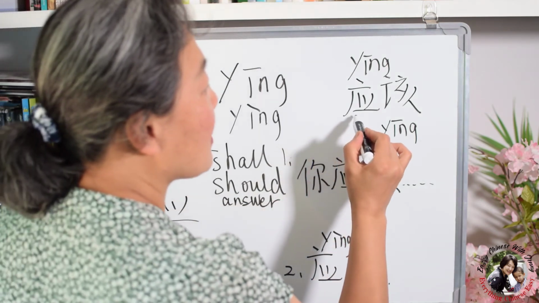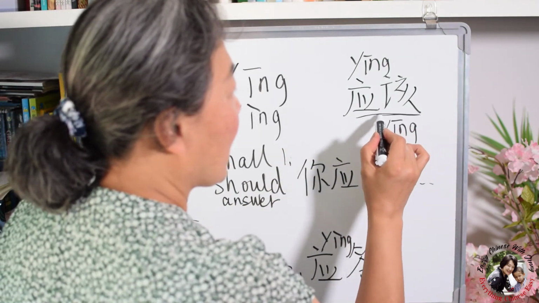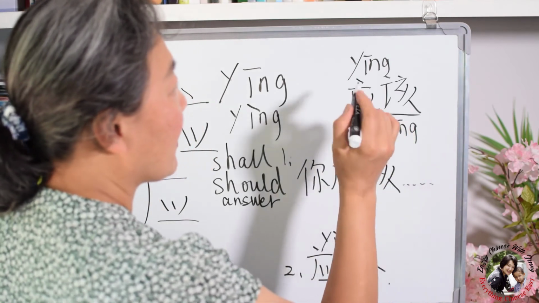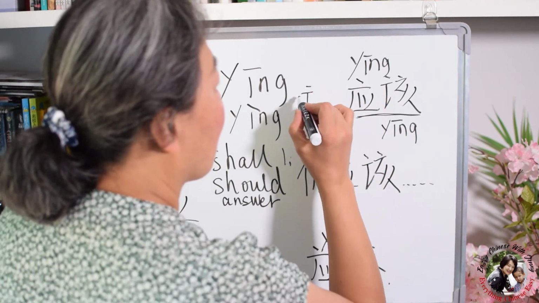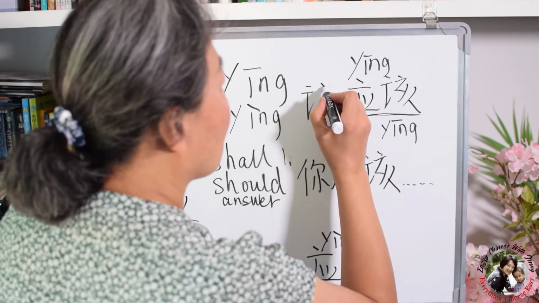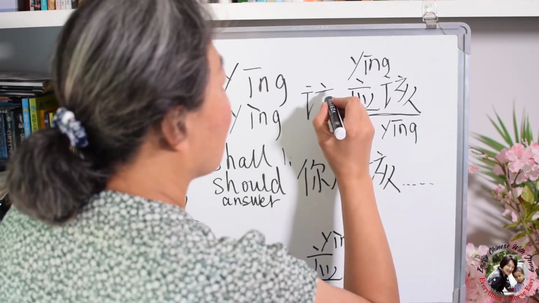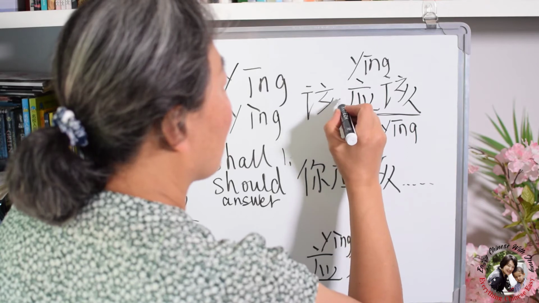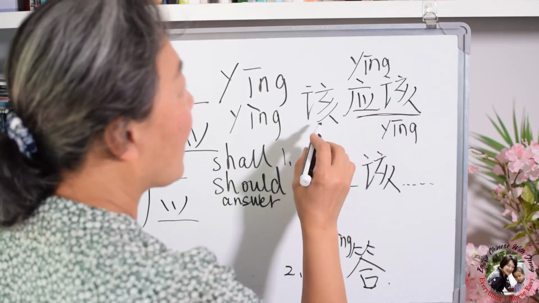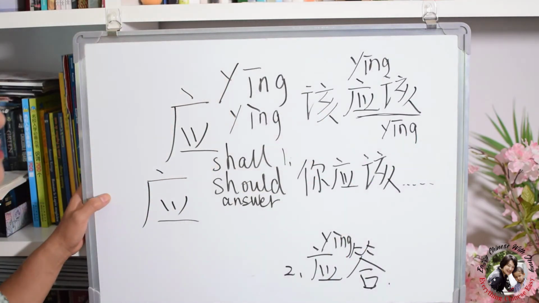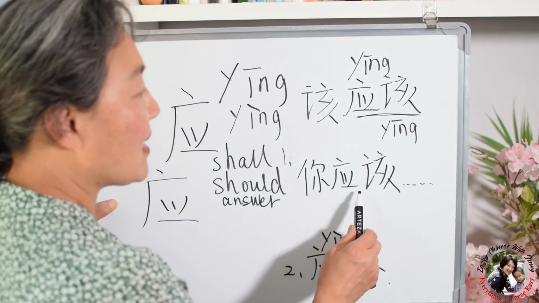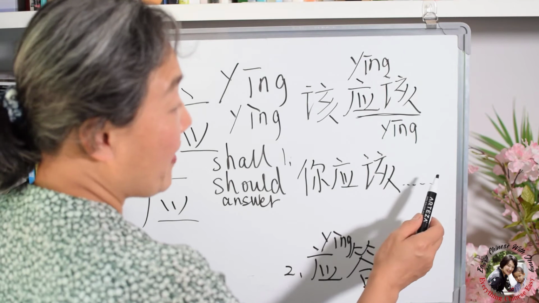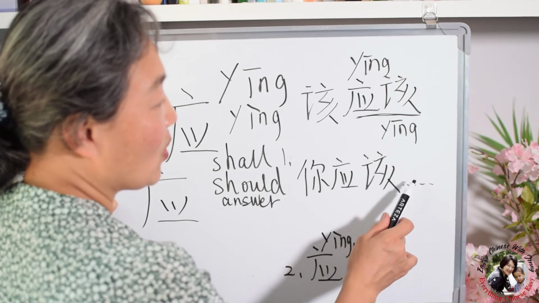These two characters are always put together: 应该, 该. 点横竖提点横撇折撇撇点该. 应该 means should. For example, if you say 你应该做饭, you should cook.